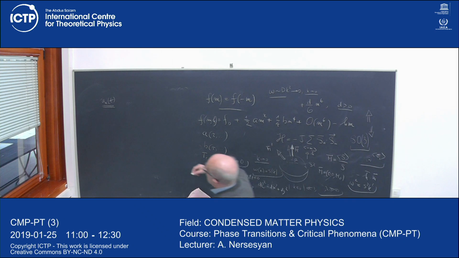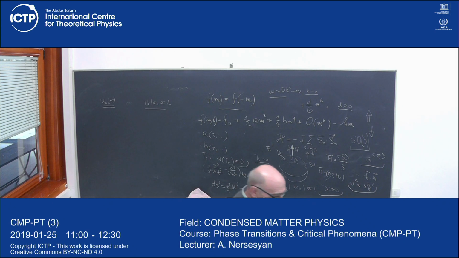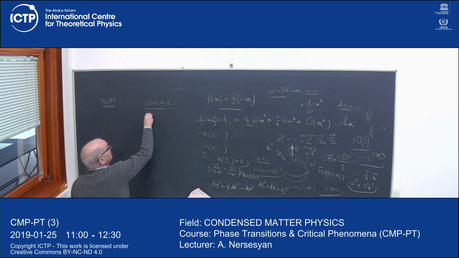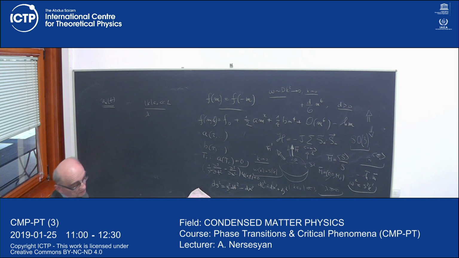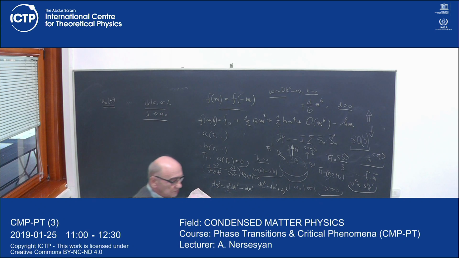Now imagine that indeed your k is such that k times a naught is much less than 1. You're interested in the part of phase space characterized by small momentum, which means, according to the general properties of the Fourier transformation, according to the Heisenberg uncertainty principle, that the wavelength of the corresponding excitation should be much greater than a naught. So the wavelength is large compared to the microscopic structure of the underlying lattice. So the lattice doesn't matter at all already.